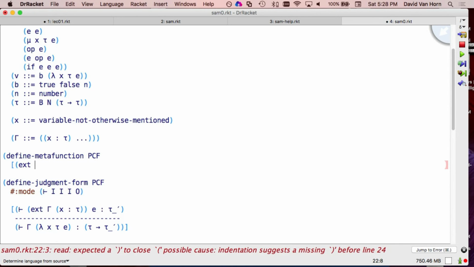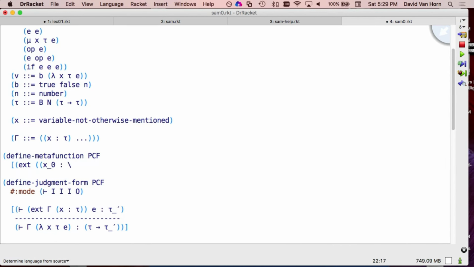Remember that gamma is a list of variable type pairs, basically. What I want to do to extend the type environment is put the one that you gave me at the front of the list. So this is like cons for type environments, and I can define it by pattern matching.